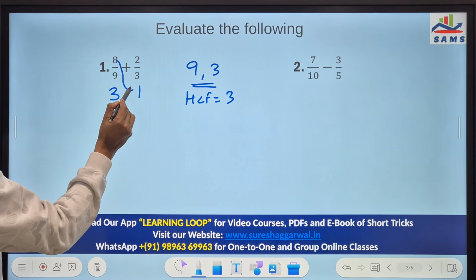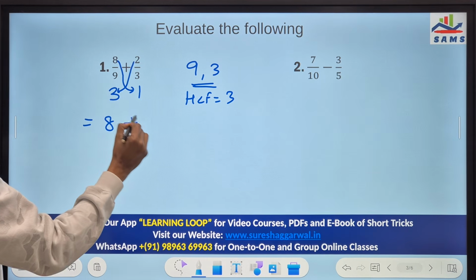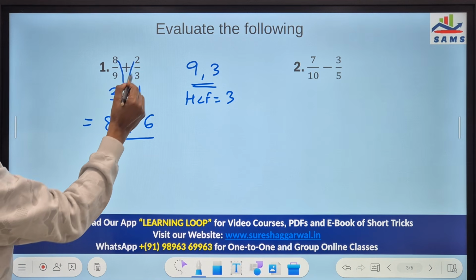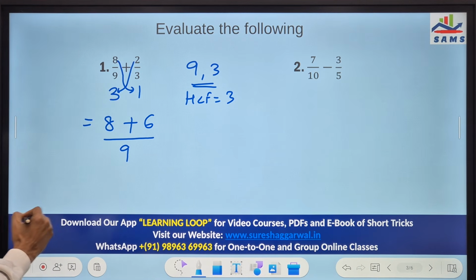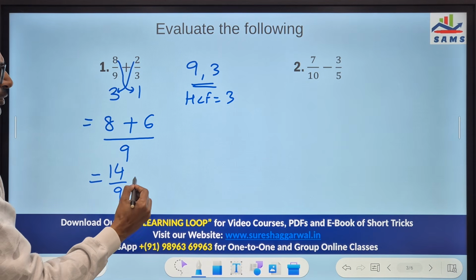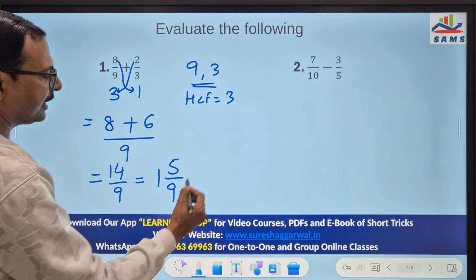And now cross multiply like this: 8 plus, cross multiply like this, 2 times 3 is 6, upon either 9 times 1 or 3 times 3, you get 9. So the answer is 14 upon 9, or you can reduce it to a mixed number form, 1 5 by 9 will be the final answer.